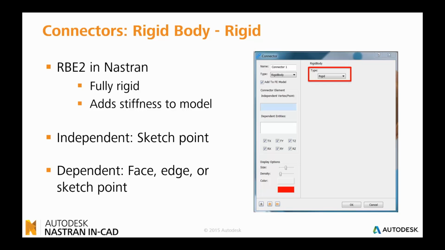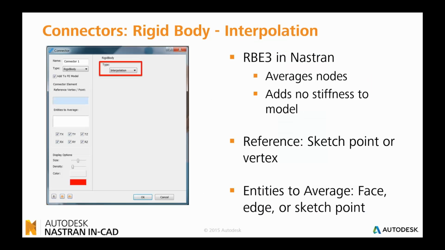It works with an independent sketch point, so it's a sketch point that's not defined as a feature of the 3D geometry that you're working with predominantly, and you define it in the context of a dependent, which would be the face or edge or 3D or a sketch point, and that would link those rigid elements back to those points and the faces and geometry that you're selecting.